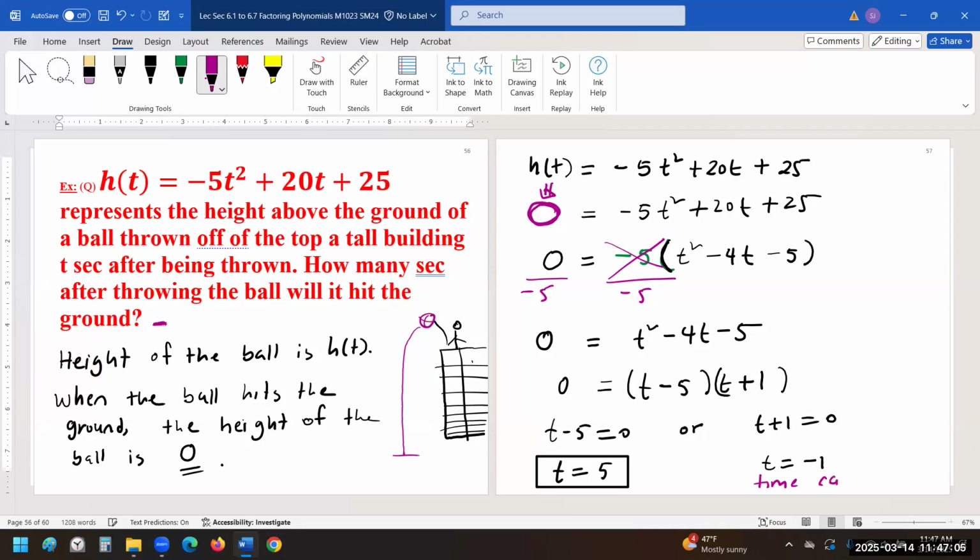Time cannot be negative. So we just wasted our time. Our answer is only t equals 5. That means after 5 seconds of throwing your ball, it will hit the ground.